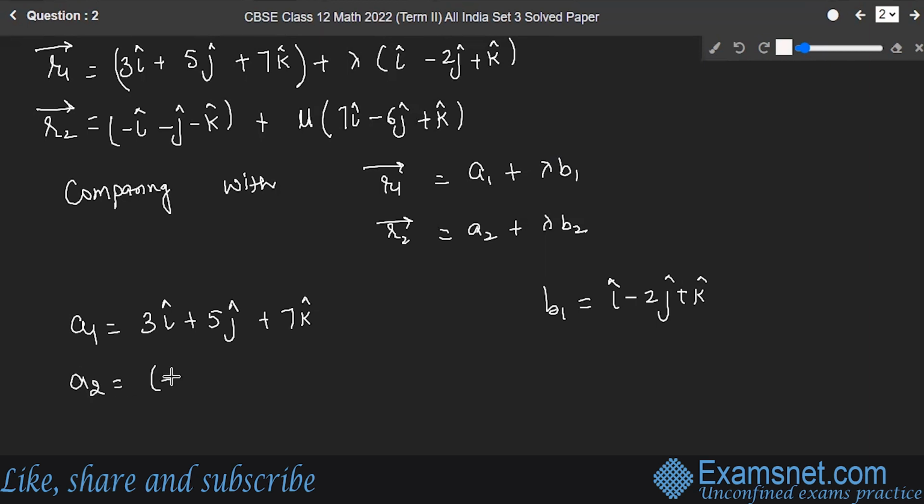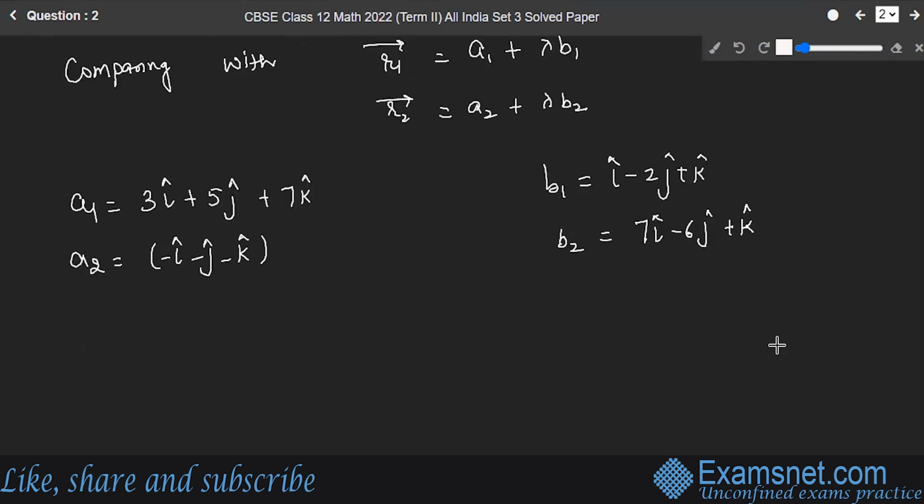Similarly, A2 is this, B2 is 7i minus 6j plus k. Okay, and these are the vectors, right? A2 vector minus A1 vector. This will be minus 4i minus 6j minus 8k.